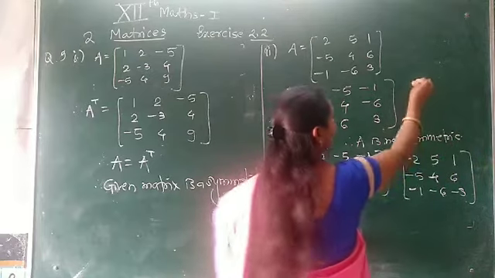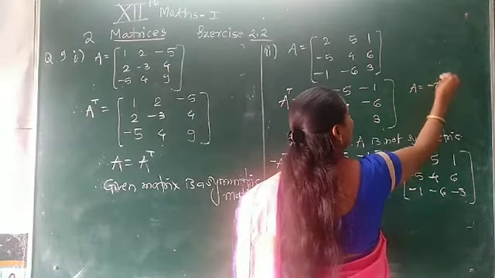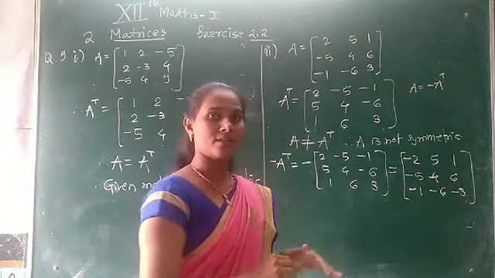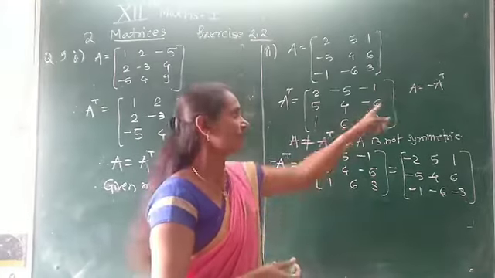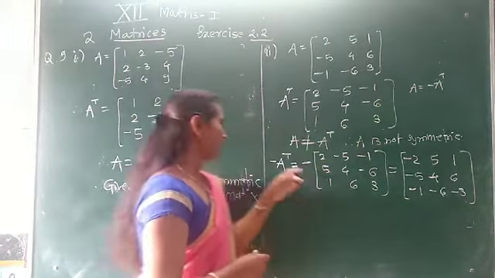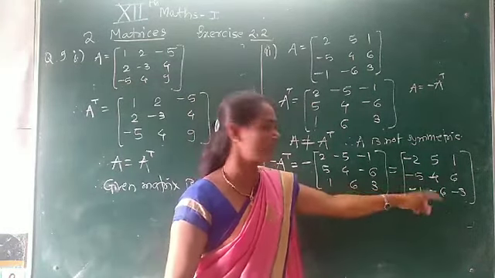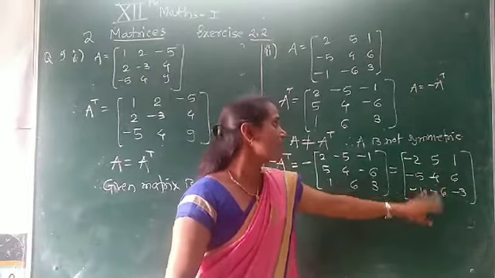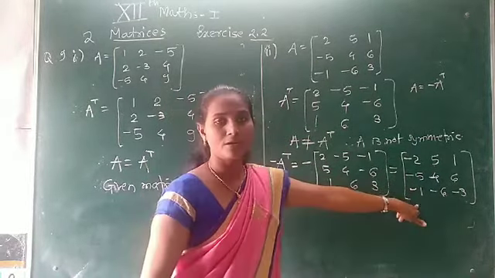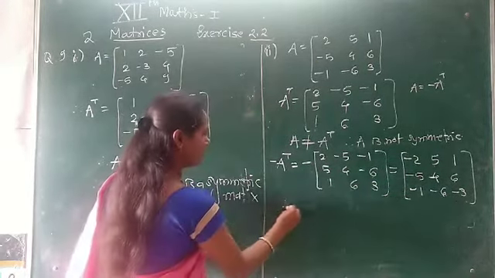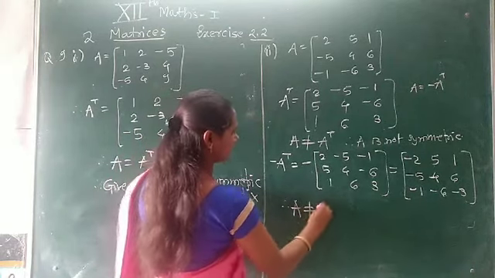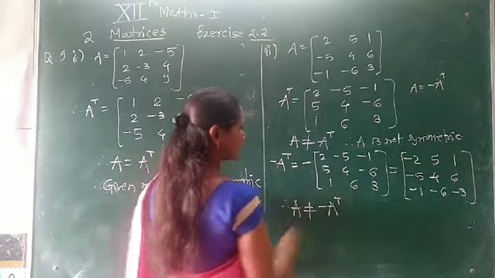Now we know that if A is equal to minus A transpose, then we say that it is skew symmetric, if these two matrices are same. So we find here minus A transpose, and the value of minus A transpose is this matrix. Again this is not equal to A, therefore A is not equal to minus A transpose.